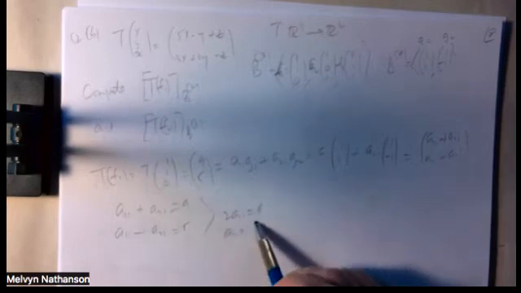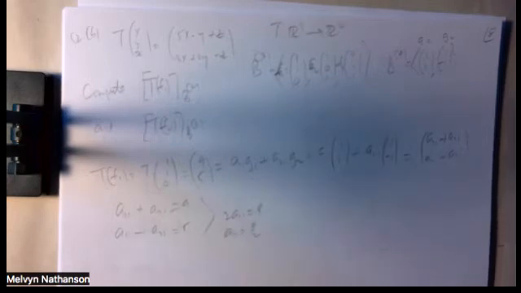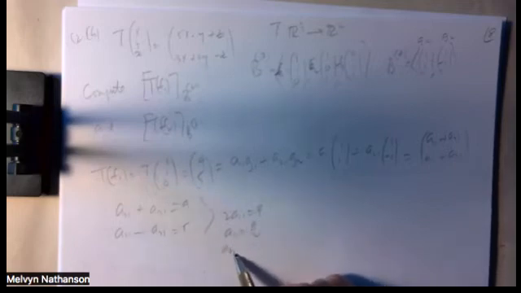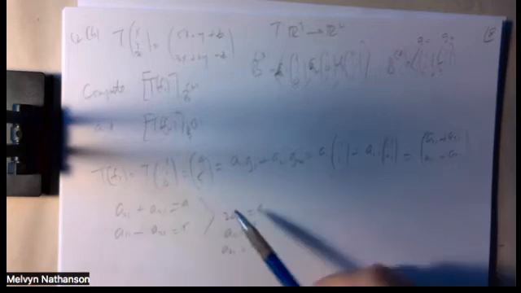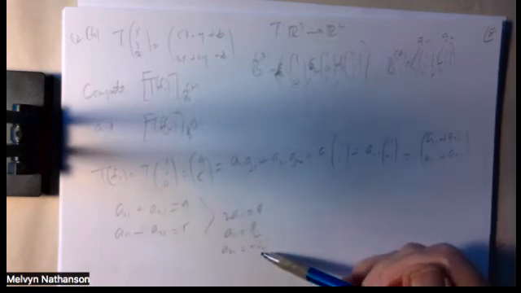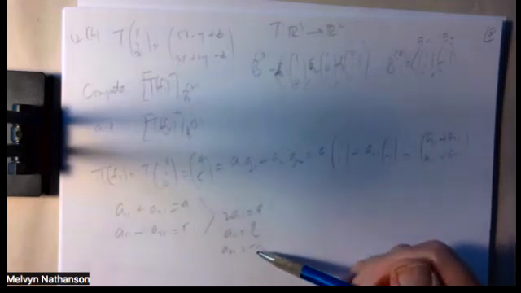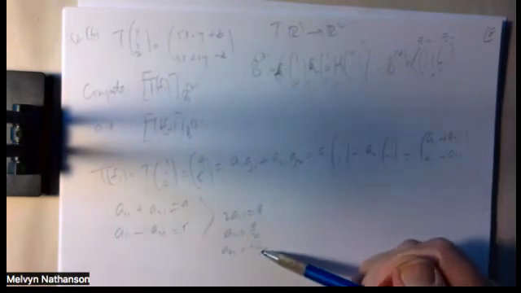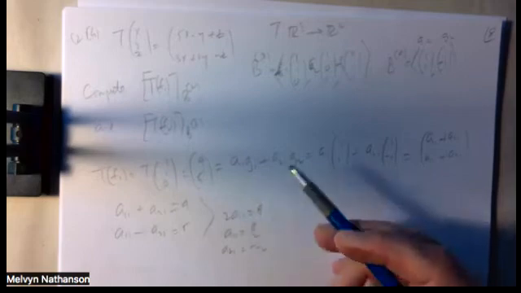So A11 is 9 halves. A21 is going to be minus a half, because A11 plus A21 is 4. 9 halves minus a half is 8 halves is 4. 9 halves plus a half is 10 halves is 5.